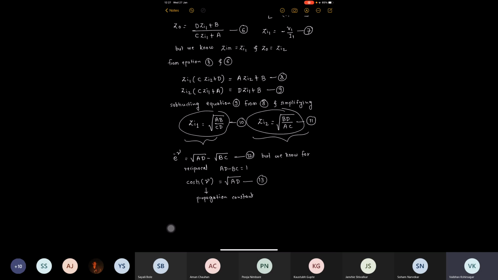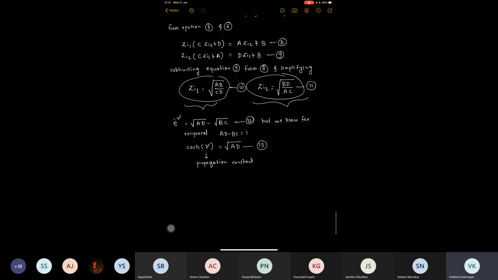Okay. So the basic building blocks which are utilized for designing the filter using the image parameter method make use of T and pi networks. So what are these T and pi networks?